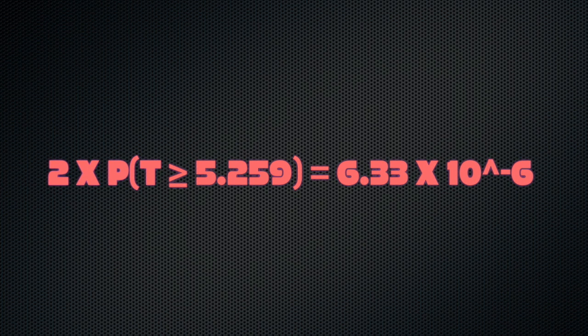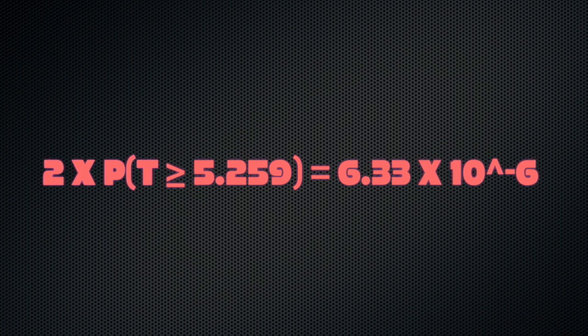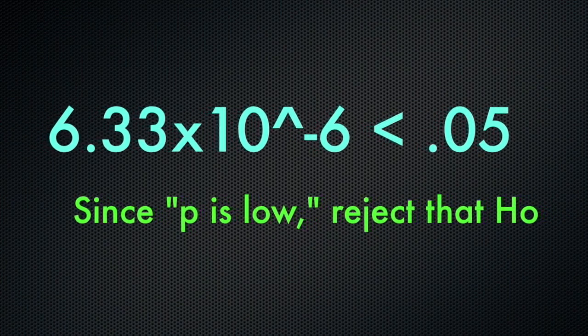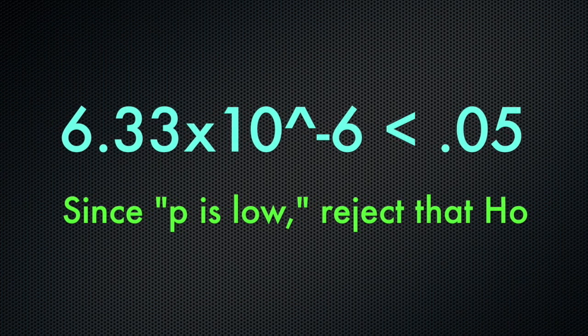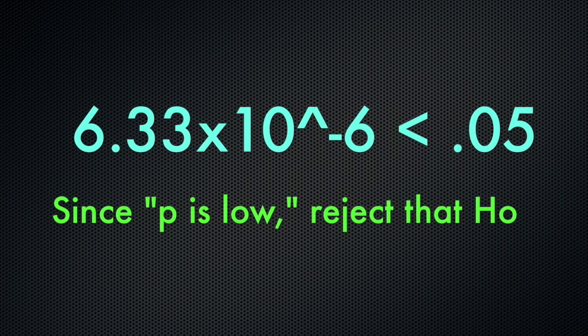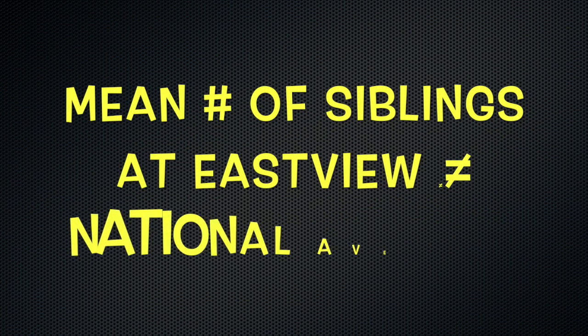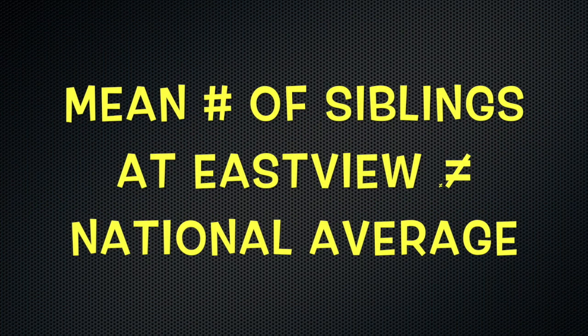This resulted in the p-value of 6.33 times 10 to the negative 6th. Since our p-value of 6.33 times 10 to the negative 6th is lower than any reasonable significance value, we reject H0. This evidence suggests that the true mean number of siblings at Eastview is not the same as the national average.